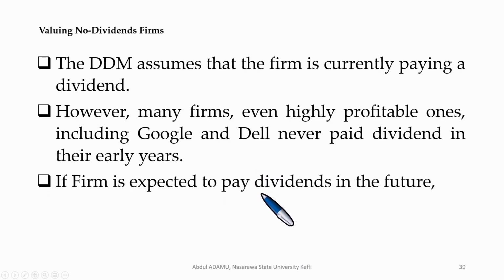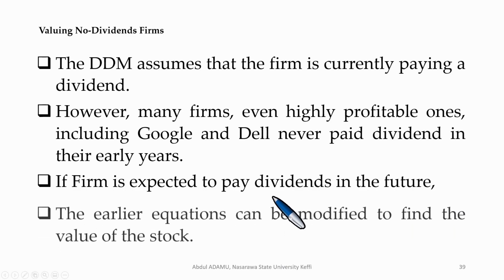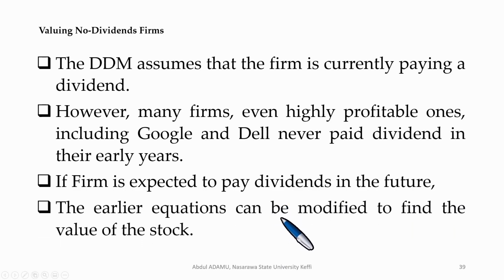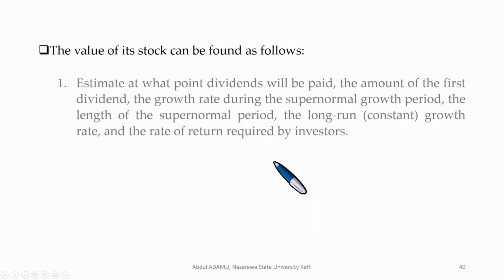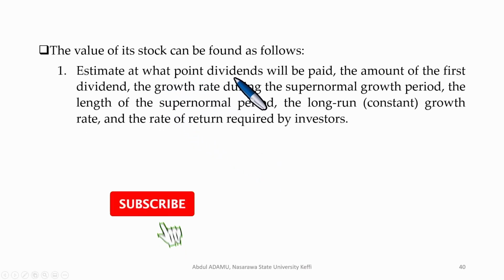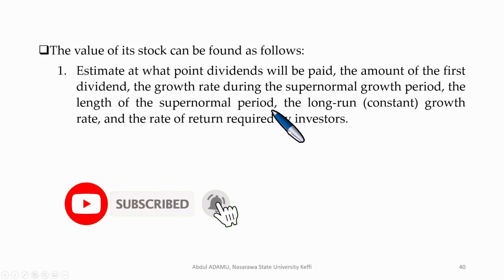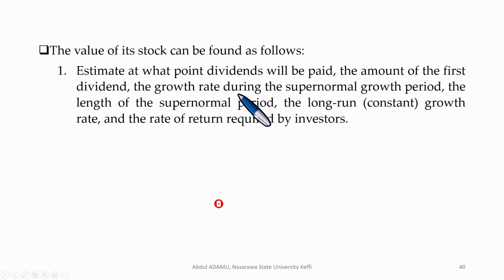If a firm is expected to pay dividend in the future, the earlier equation can be modified to find the value of stock. The value of stock can be found as follows. First, you estimate at what point the dividend will be paid in the future: the amount of the first dividend, the growth rate during the supernormal growth period, the length of this period, the long-run growth rate, and the rate of return required by the investor.